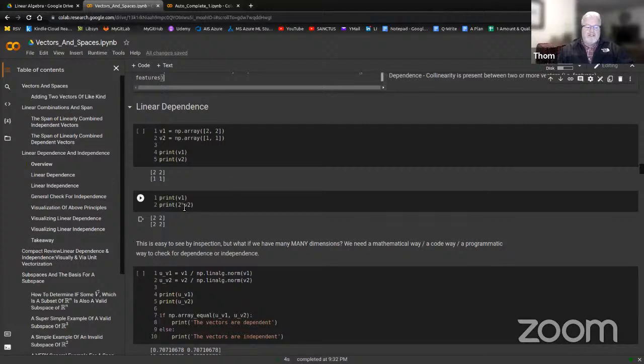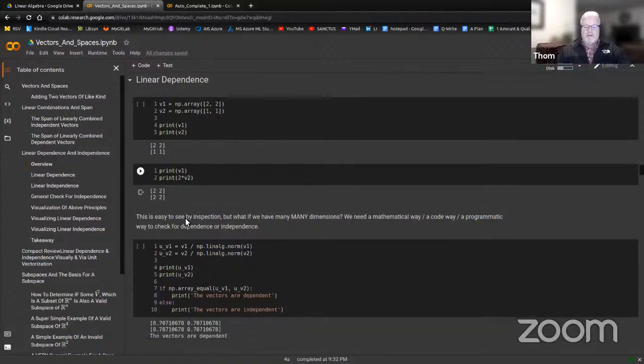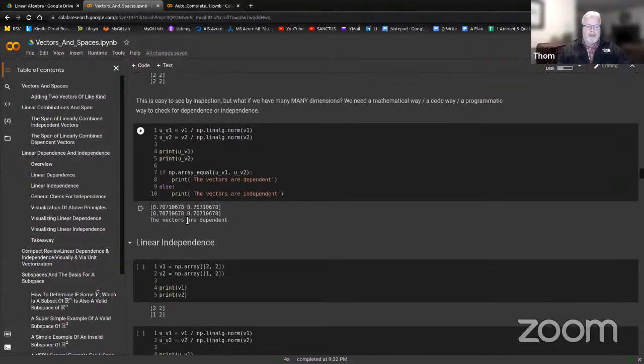So anytime I can just scale one vector and make it equal to the other one, there's dependence between those two vectors. And this is usually easy to see by inspection, but what if we've got a ton of dimensions? We need a mathematical way, that is a code way, a programmatic way to check for dependence or independence.